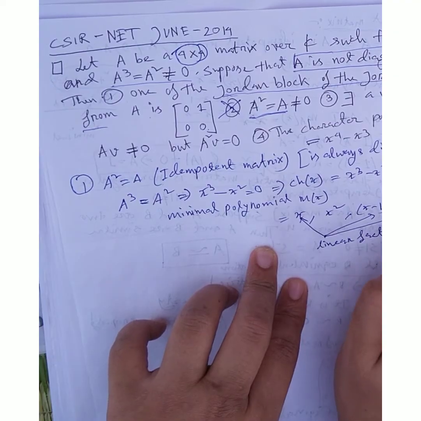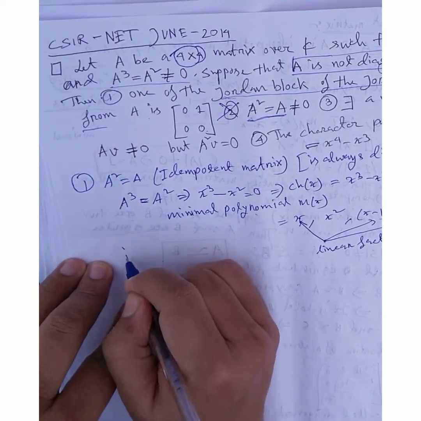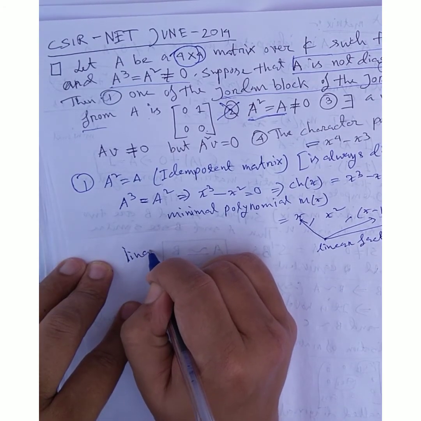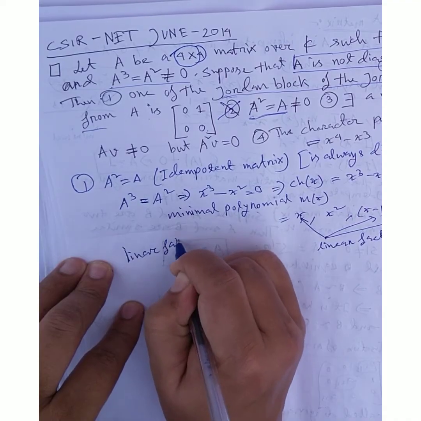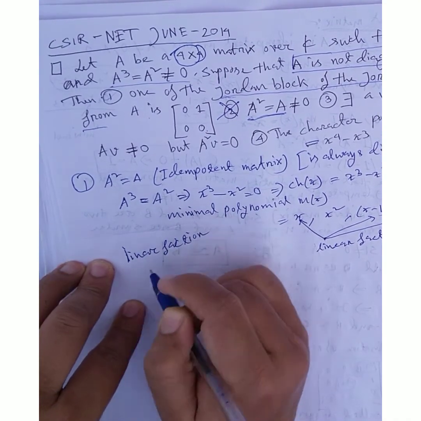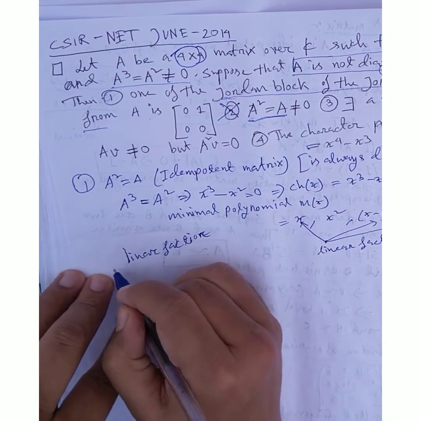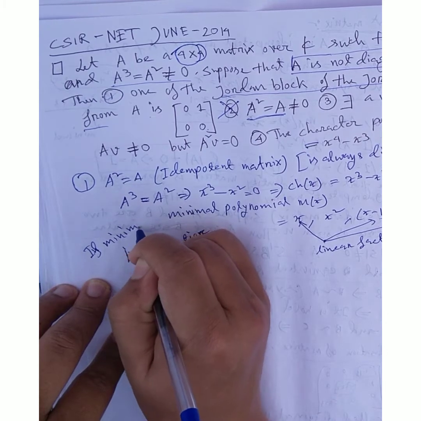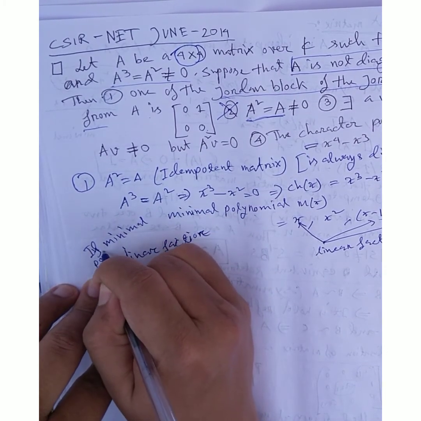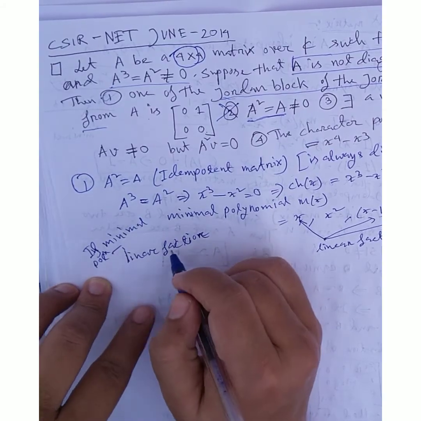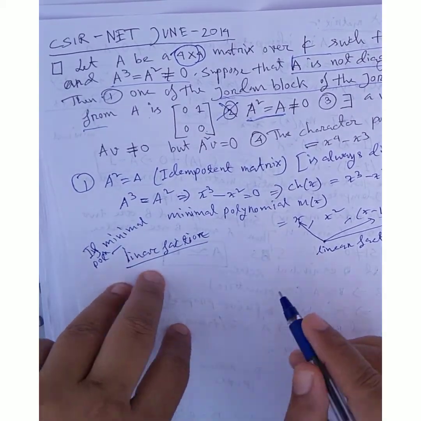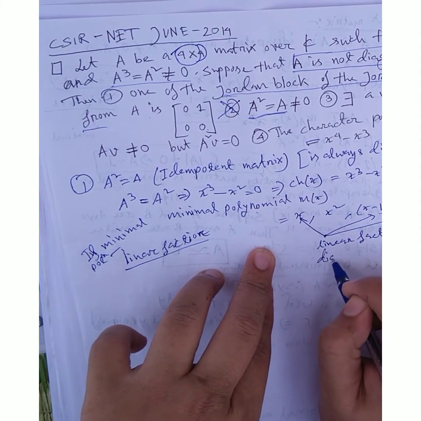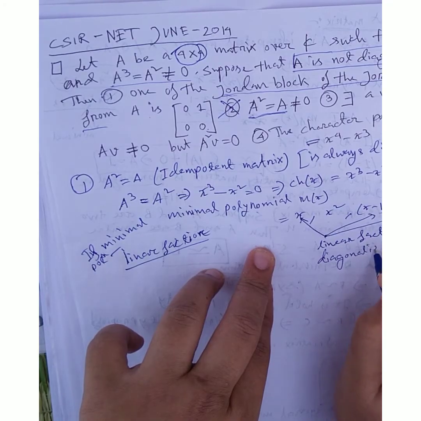And we know that if the minimal polynomial consists of linear factors, it is diagonalizable.